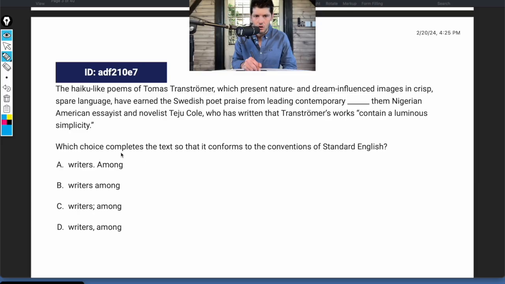I look down and I see all the language is the same, and I have a period, nothing at all, a semicolon, and a comma. Okay, so now go back to our idea of equivalencies. In most cases, a semicolon, answer choice C, is equivalent to a period, answer choice A. The only exception to that is the idea of a super comma.